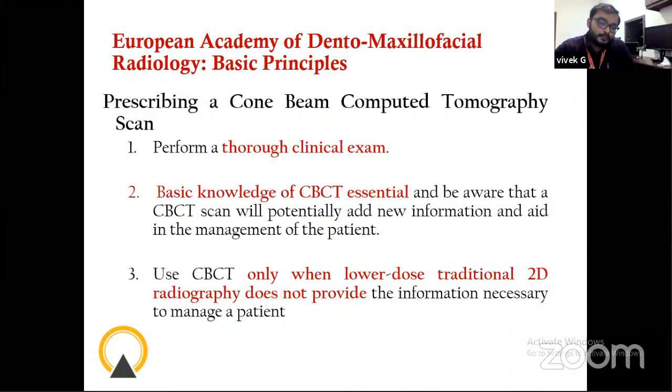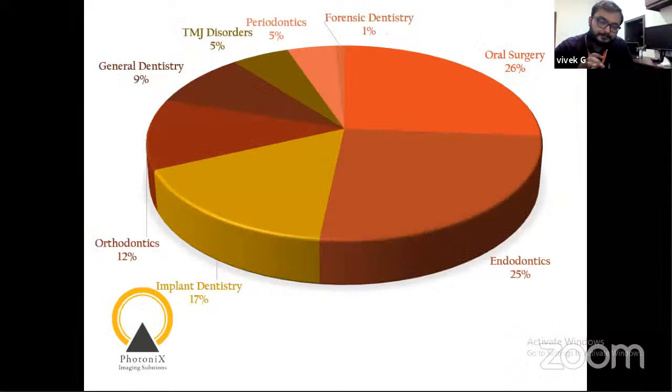First, you go in for your lower dose traditional 2-dimensional radiographs, and only if you need a 3-dimensional view, then go for CBCT. And whenever you go for CBCT, basic knowledge of CBCT is essential, as we need to understand what is happening with the CBCT cuts that we see, and then we will be able to better appreciate them and get to a proper diagnosis.